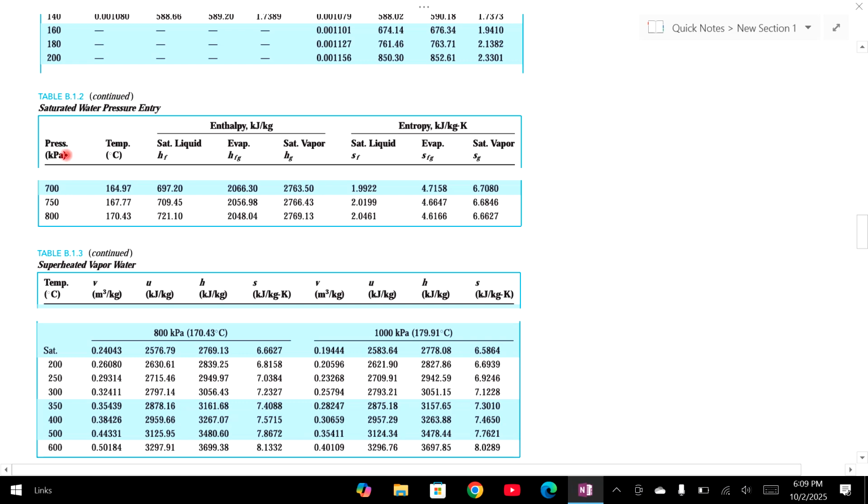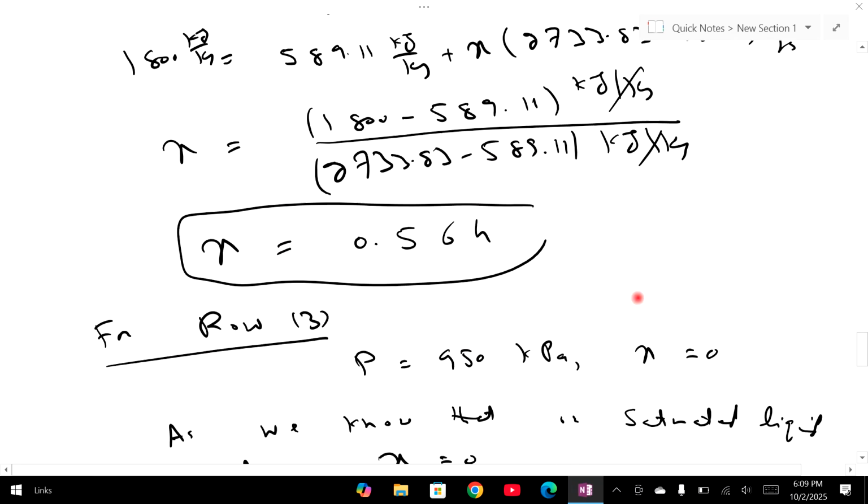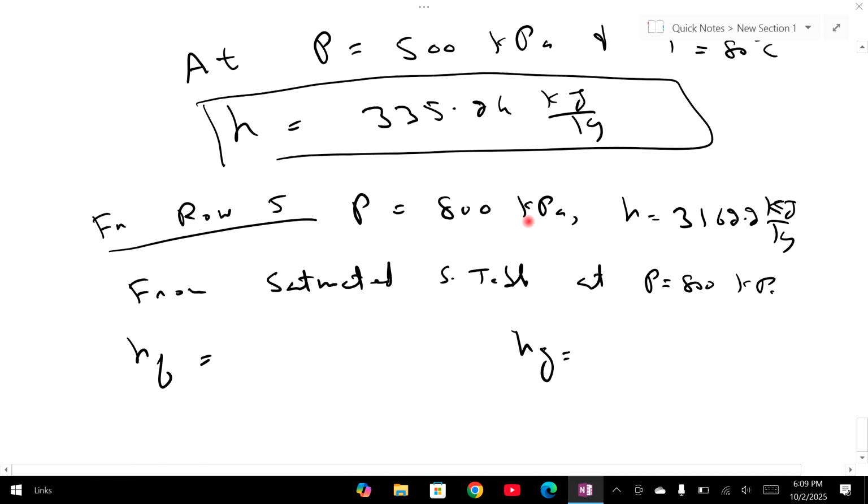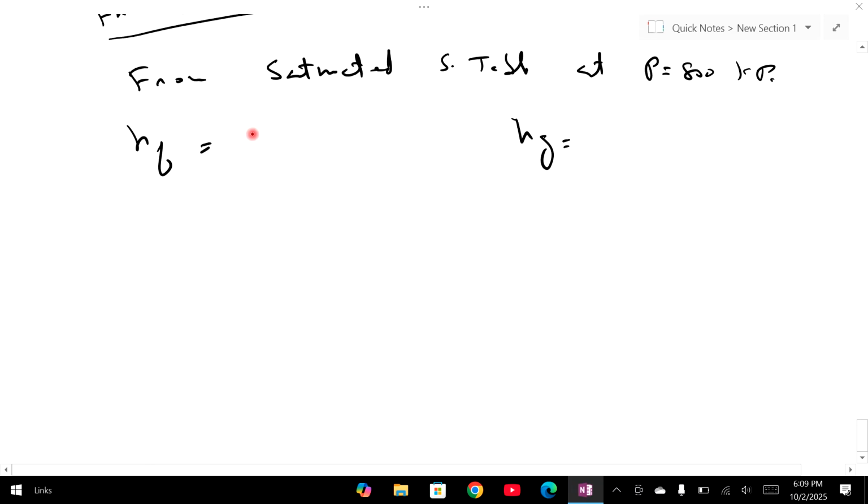So go to 800 kilopascal in the saturated steam table. Here Hf is equal to 721.10 and Hg is equal to 2769.13 kilojoule per kg.